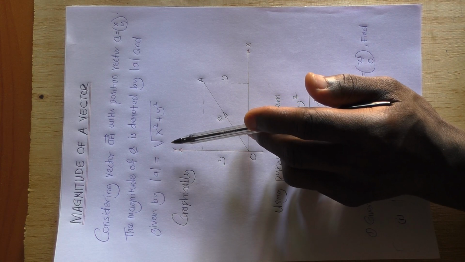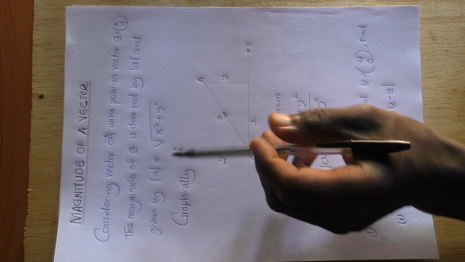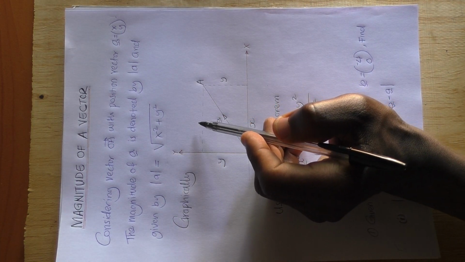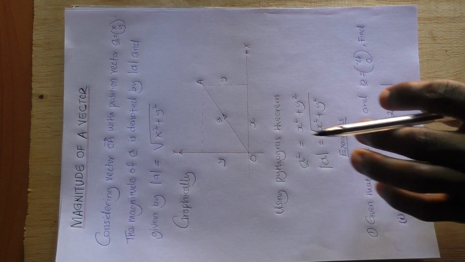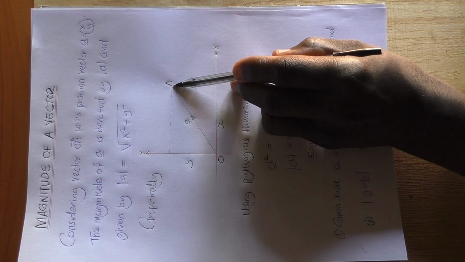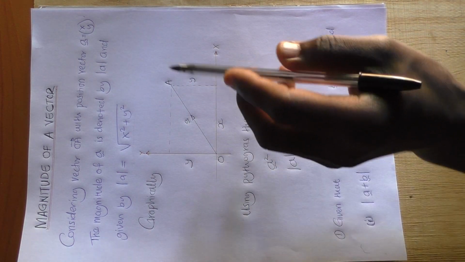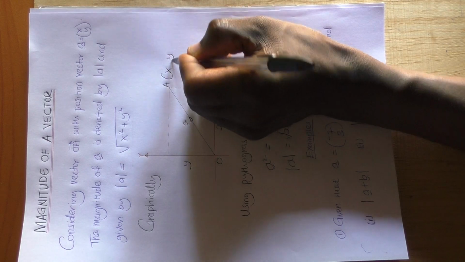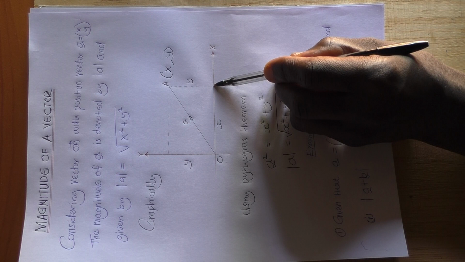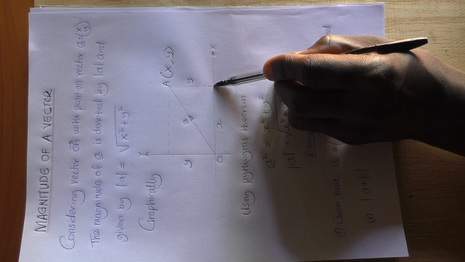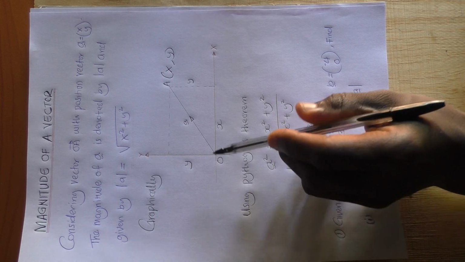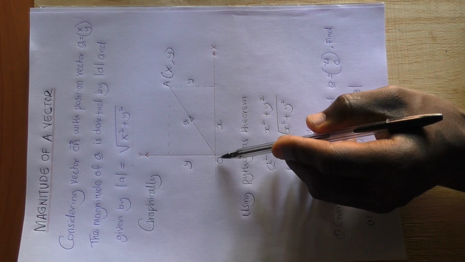However, how do we arrive at this formula for magnitude? Graphically, if we plot our point A, which has x and y coordinates, it will be x from the origin, and y from the origin.